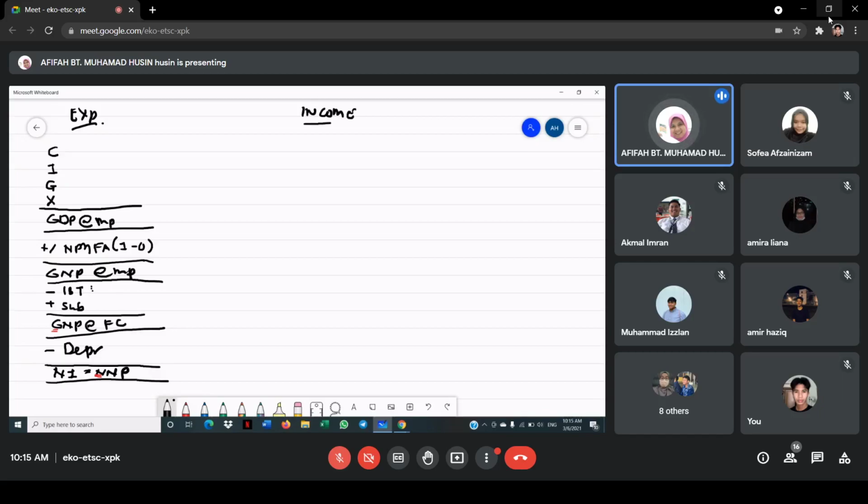As for income method is that we have to calculate the income first. Okay, we are calculating national income. Ni yang last kali dulu kita kira. National income, or we talk about the NNP. So how to calculate the national income?